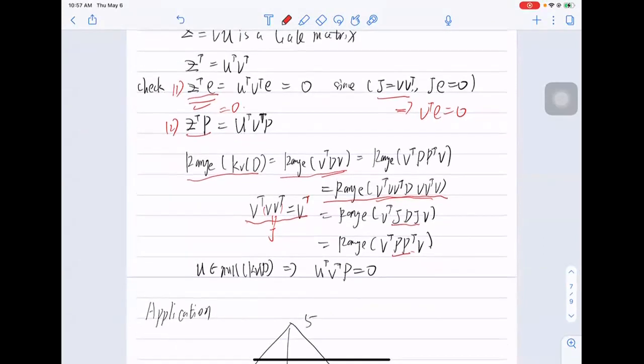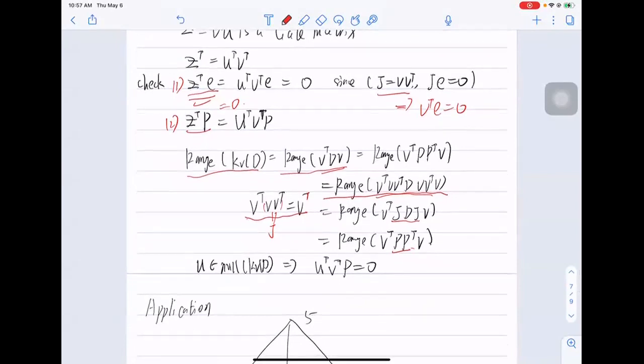and hence the range of KVD is the range of V transpose P P transpose V. So the null space is also the same, right? The range is the same, the null space is the same.